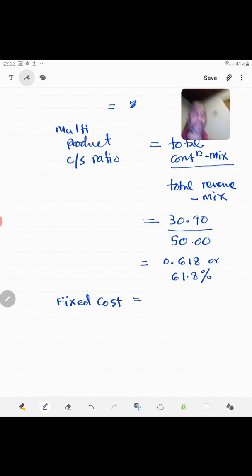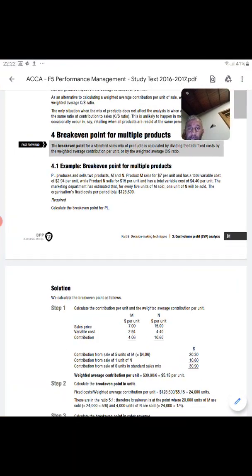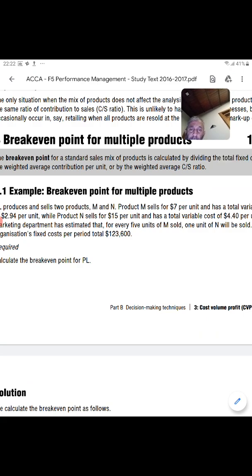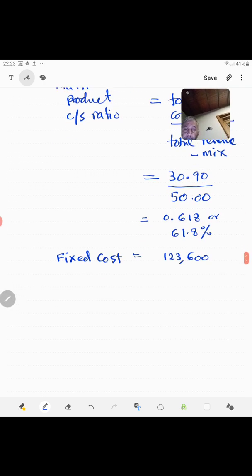Then you have to find out the fixed cost of the company. The fixed cost of the company, as per the question, is 123,600. Then we calculate the break-even point per mix.